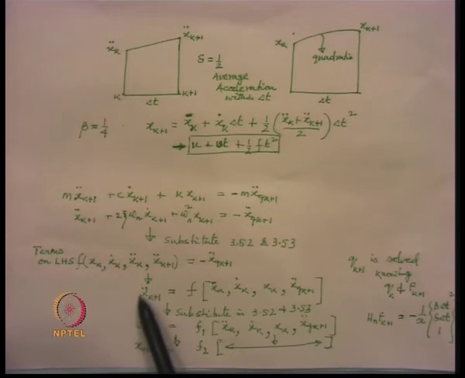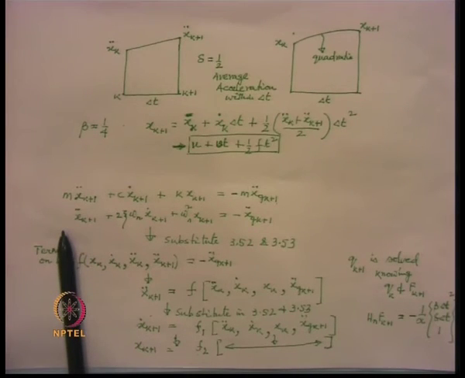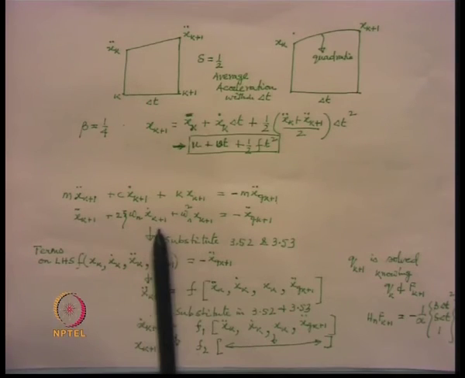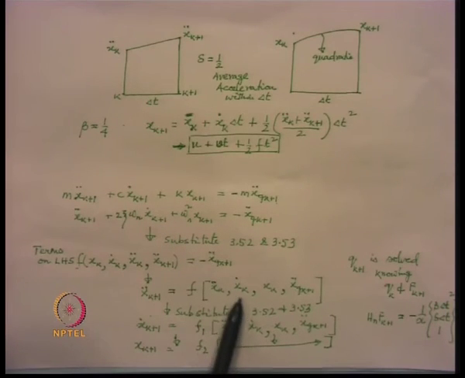So, all three quantities, x k plus 1, x dot k plus 1 and x double dot k plus 1, can now be written in terms of the known quantities x k, x dot k and x double dot k, and of course, the load.